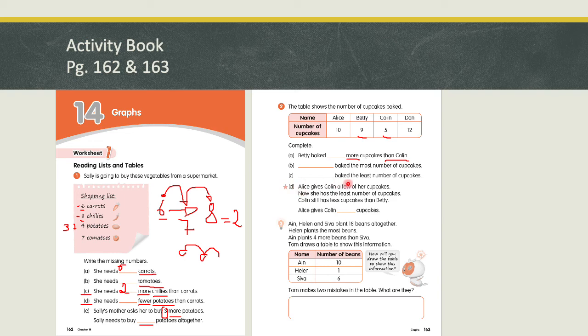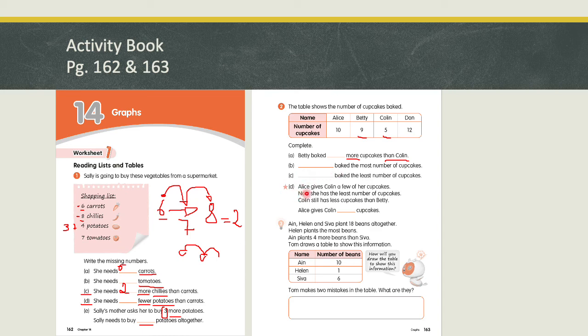C. Baked the least number of cupcakes, meaning the fewer, the smaller number. Who baked the smallest number? What is the smallest number? 10, 9, 5, or 12? Write your answer over here.